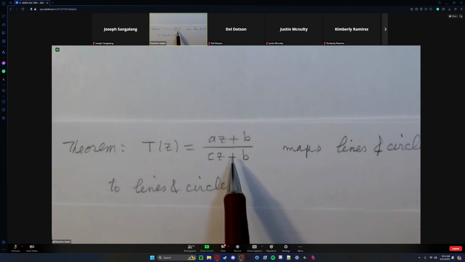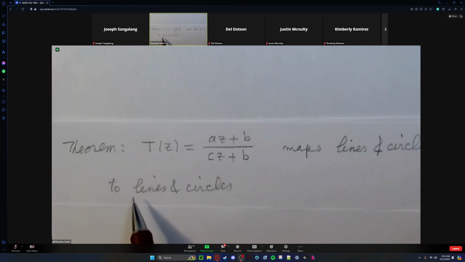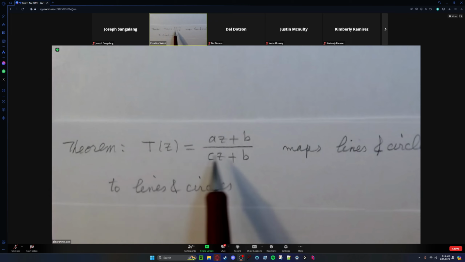If you apply this to a line or a circle, that could be a line or a circle. All right. Now let's see why. So this function maps lines and circles to lines and circles.